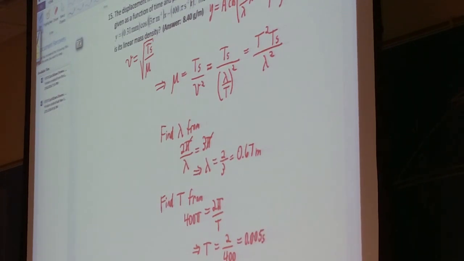Wow, that is a short period. And so now that we have lambda and T, we can go ahead and bring this down.